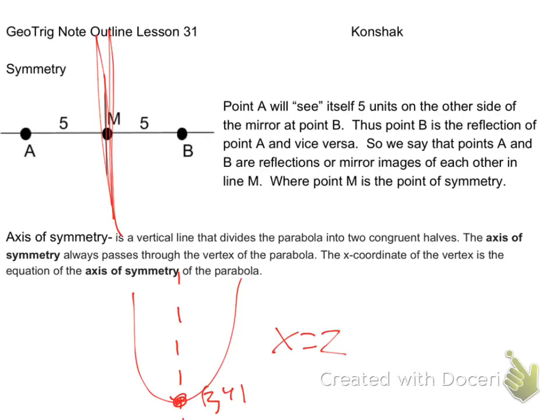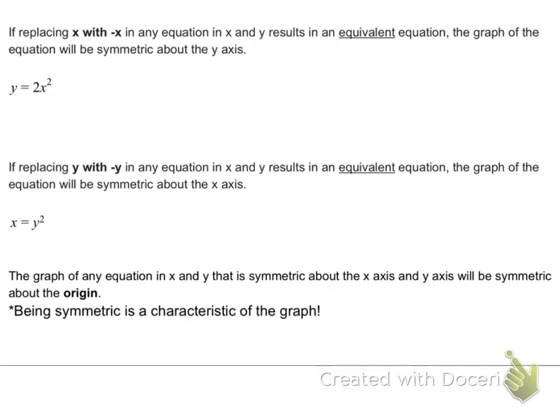So how does that all go together? Well, this is how we tell if something is symmetric or not. Now, when I say symmetric, it's on the bottom there. I'll jump to the very, very bottom. Being symmetric is a characteristic of a graph. It's already there.